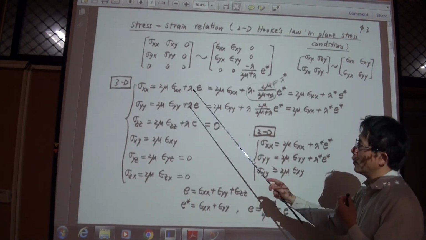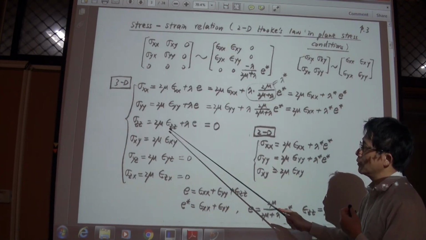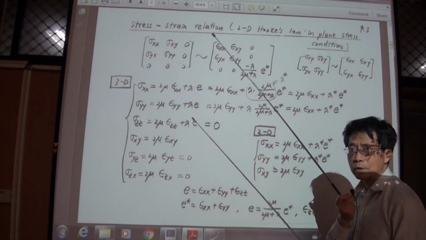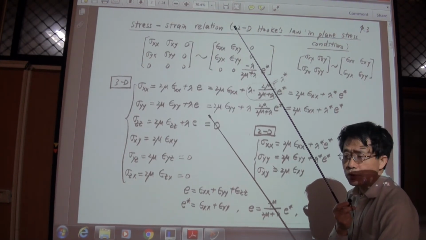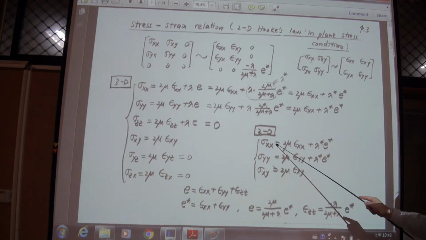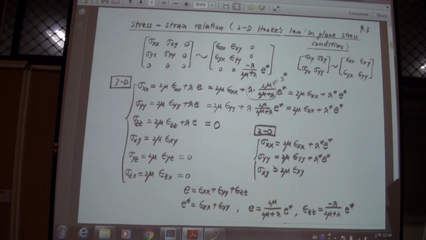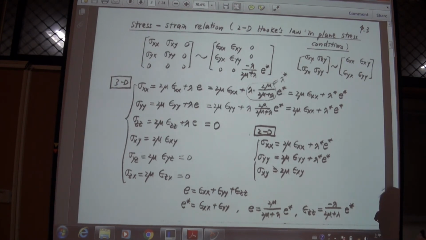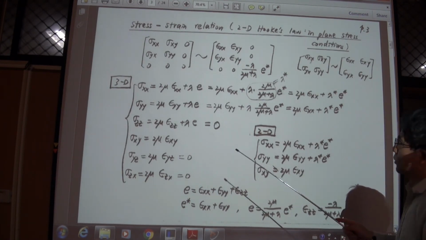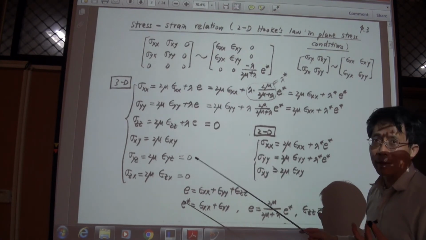See, in general, for a three-dimensional stress-strain relation, we have 1, 2, 3, 4, 5, 6 equations. Now for the plane stress situation, we have a set of 3 equations only, 1, 2, 3. Understand? And also, very important, even though the numbers are not the same, the outlook of them are the same.